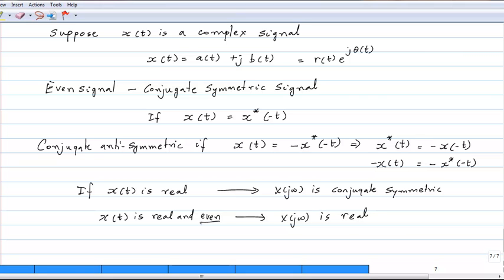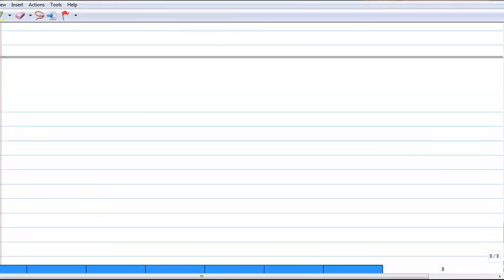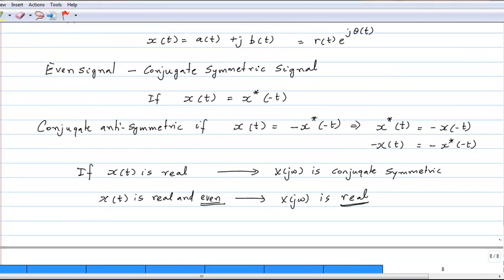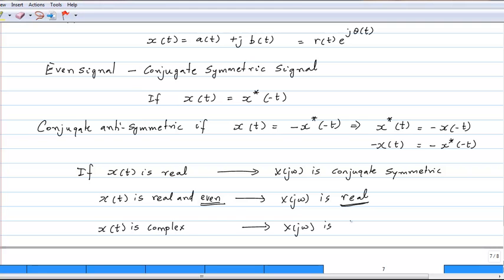So you can ask the natural question, if x of t were complex, then what property should x of t have such that X of j omega is real?